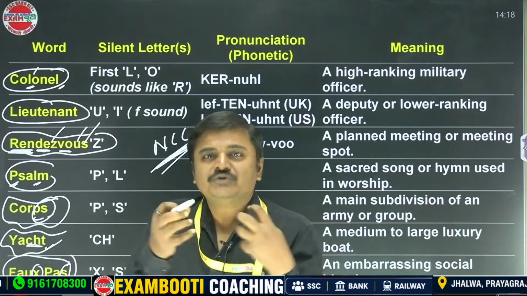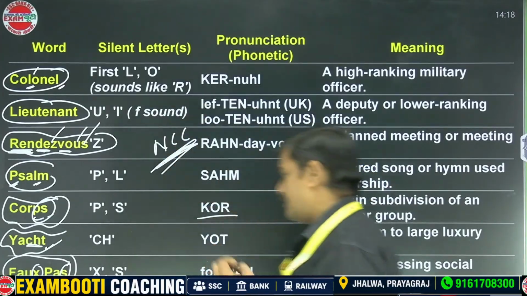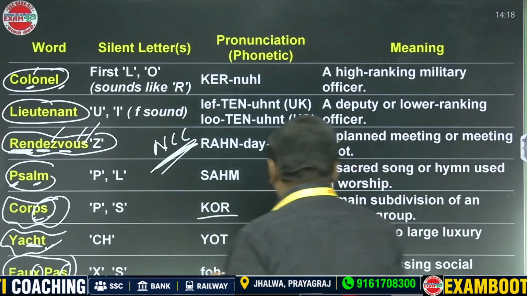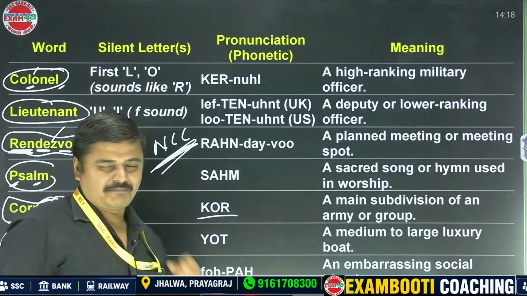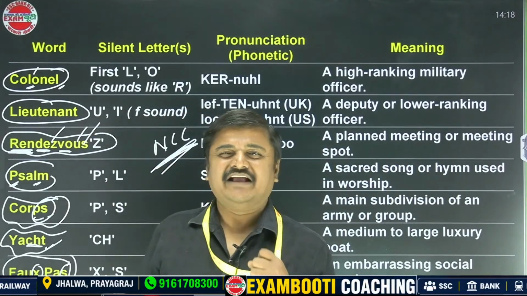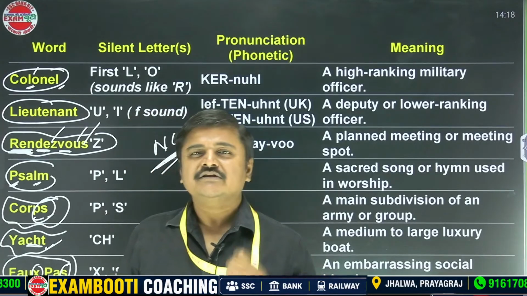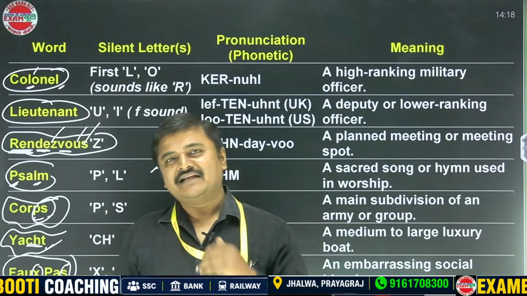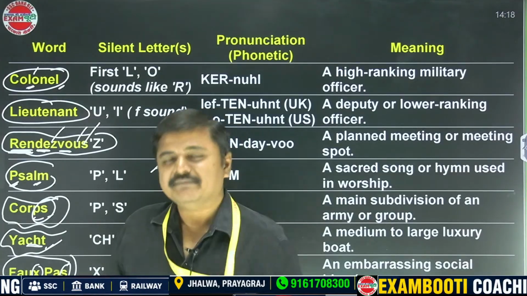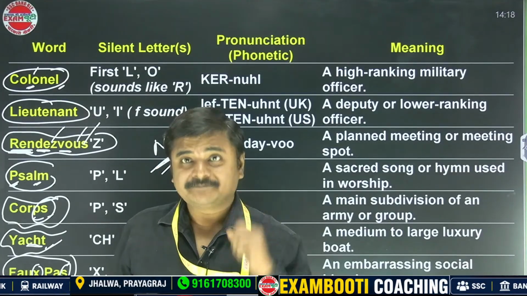They are used in a pair. Faux pas: an embarrassing social blunder. When you make a huge mistake, a mistake that will affect your social standard, your society level, that mistake is known as faux pas.